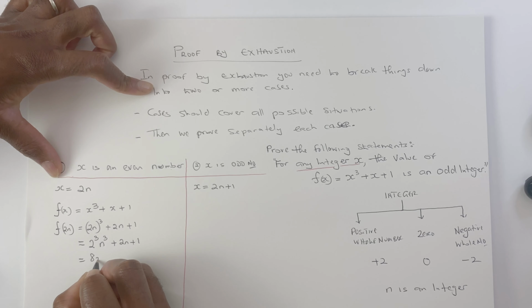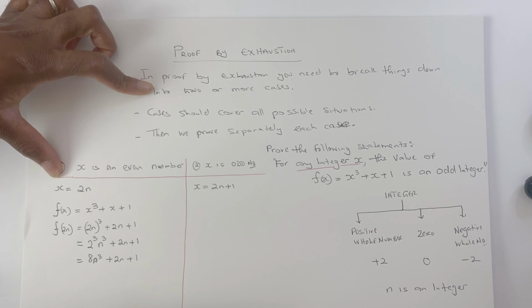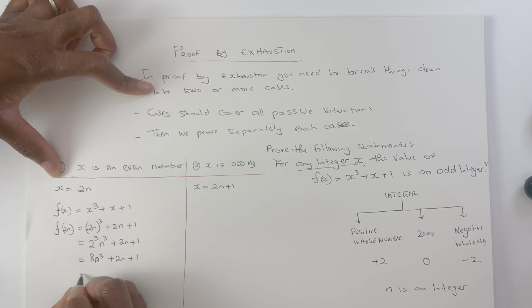So that's 8n cubed plus 2n plus 1. Now 8n cubed and 2n have 2 in common.